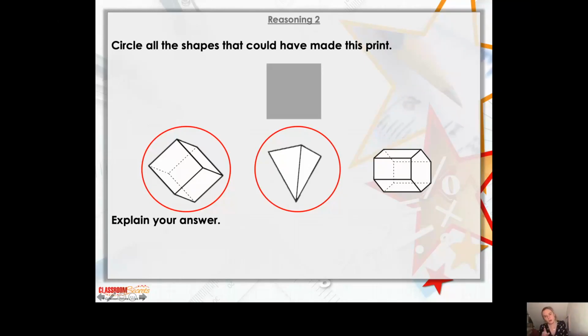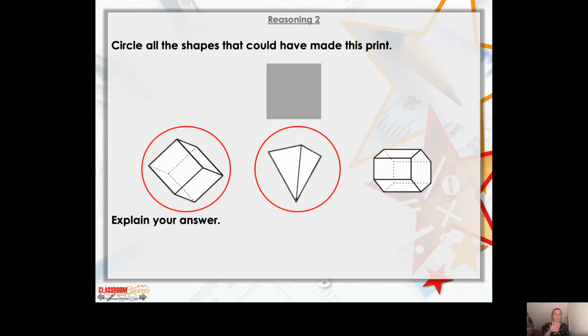Well, we have got a hexagon here. Now, it's got two flat faces, which are hexagons. Now, this print isn't a hexagon, is it? So could this shape have made this print if it's got faces that are rectangles and faces that are hexagons? No, it couldn't, could it? Because our print is a square, and this shape has no flat faces which are squares.